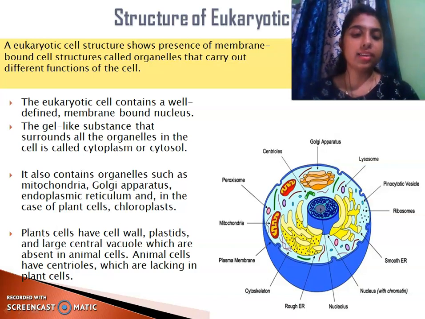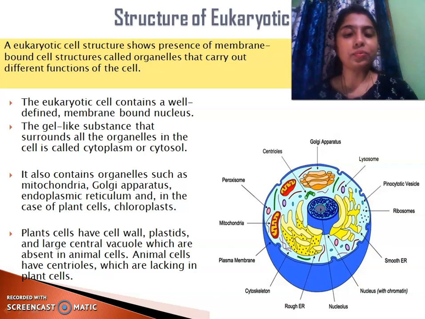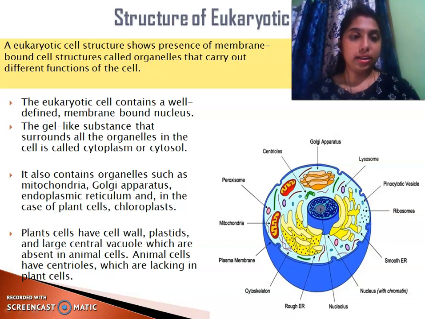Then you can see at this ground matrix of the cell, the sky colored gel-like substance, it is termed as cytoplasm or cytosol, which holds all the different cell organelles together inside the cell. Clear? Then the eukaryotic cells can be divided into two broad types, that is plant cell and animal cell.